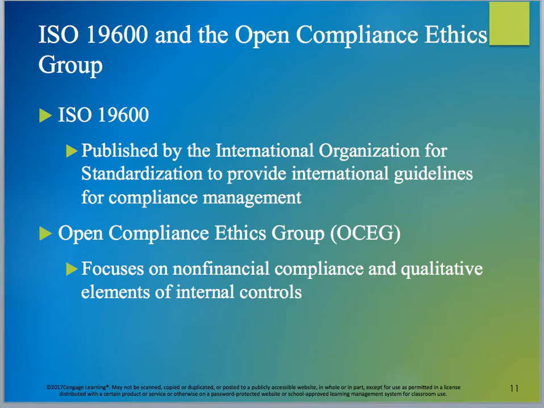And it provides a qualitative, not a quantitative, report. It's dealing with interviews and provides the elements of internal controls. So it can go into greater detail than a report with numbers can.